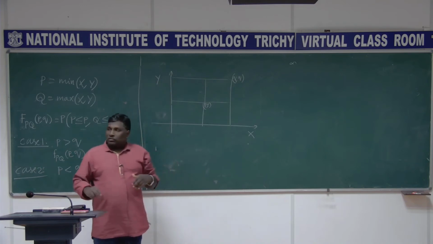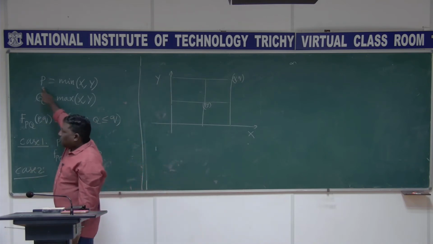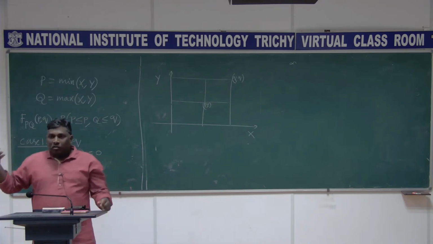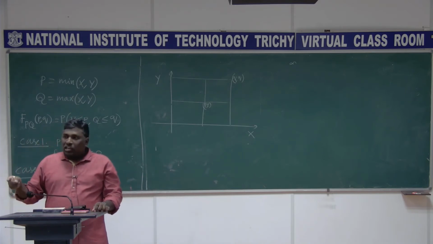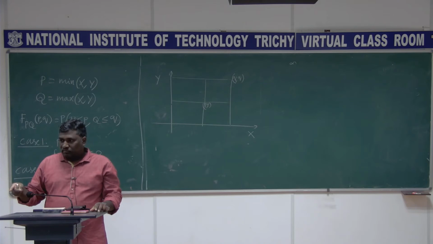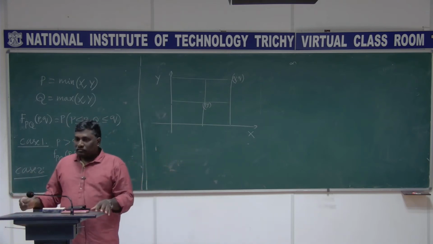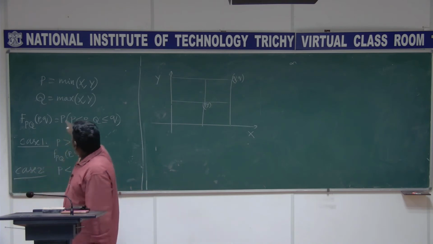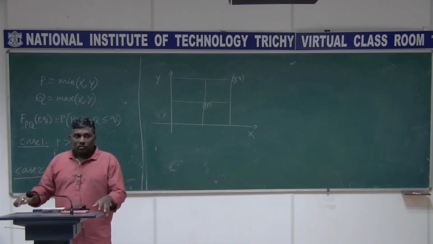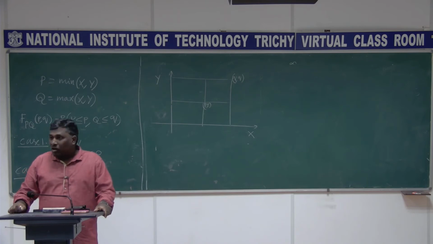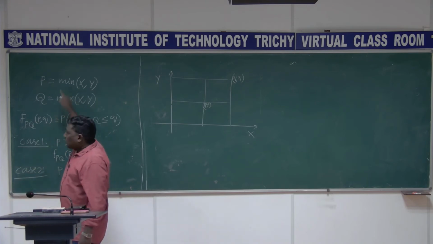Because I said that this P is coming either from X or Y. If this X is less than or equal to q, your Y is supposed to be less than or equal to p, because I need the min also.